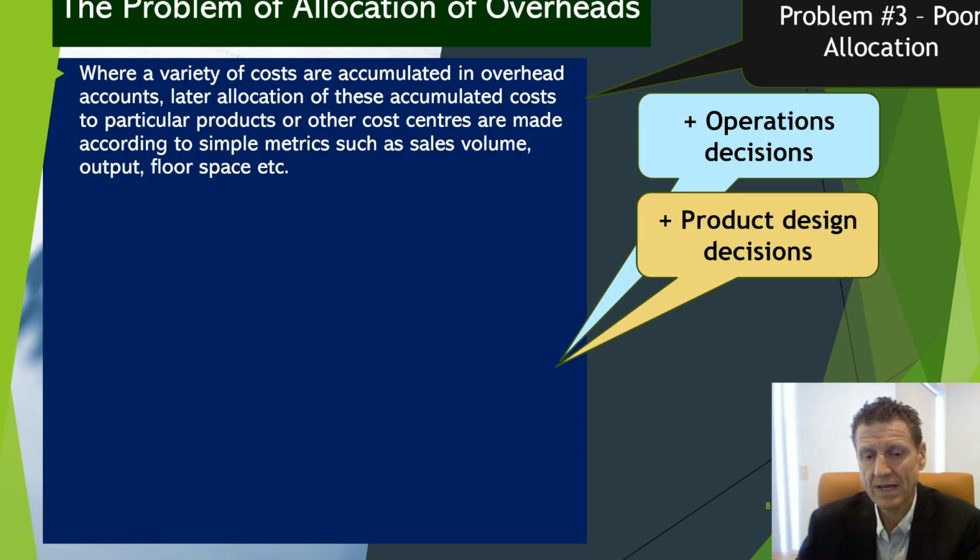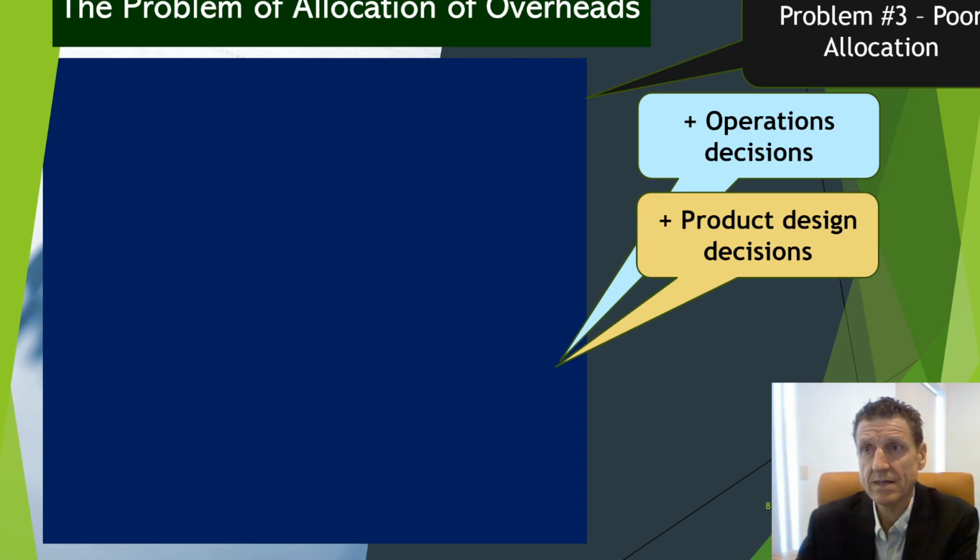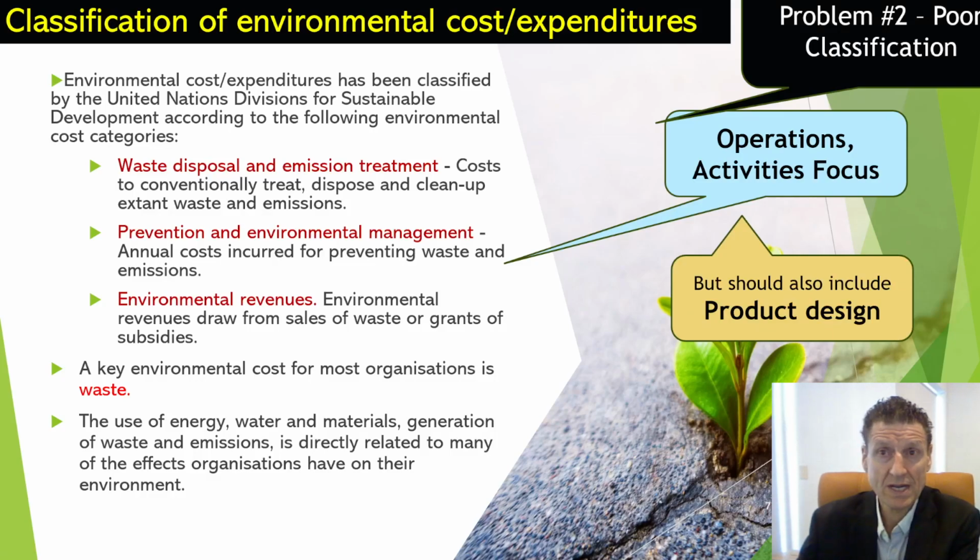Remember, in the past, we just had the poor classification. Rather than putting environmental costs into one overhead bucket, we actually separate out and classify and call out different types of environmental costs.